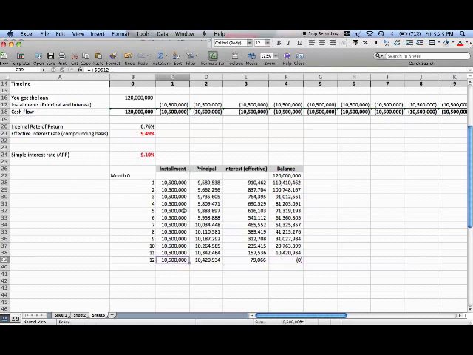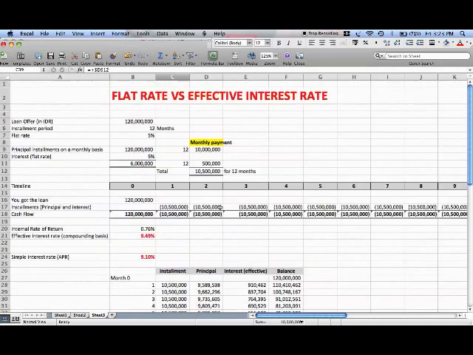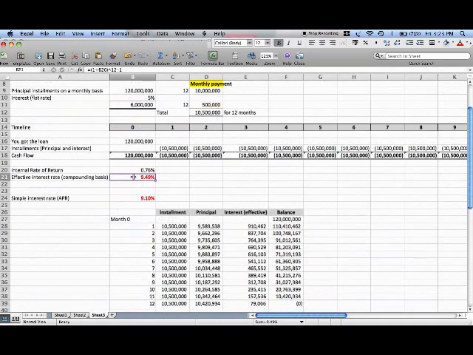So you can see that the effective interest rate of your loan is not 5%, but it is 9.49%.